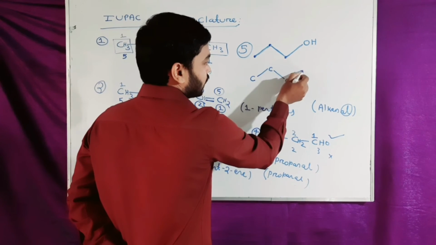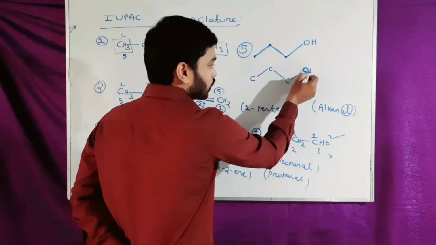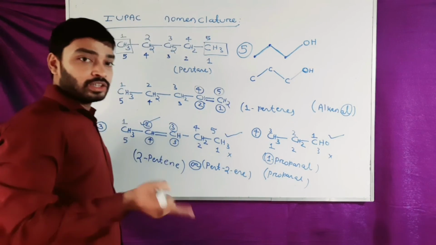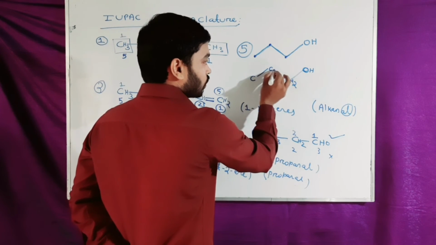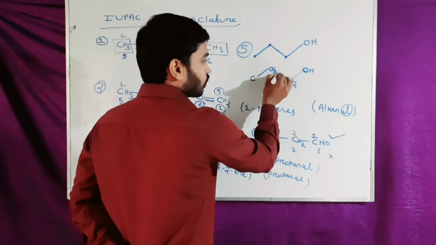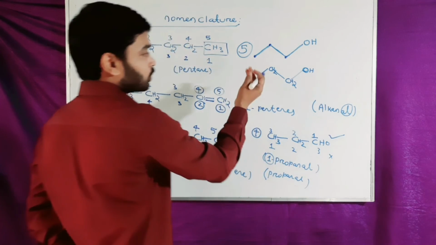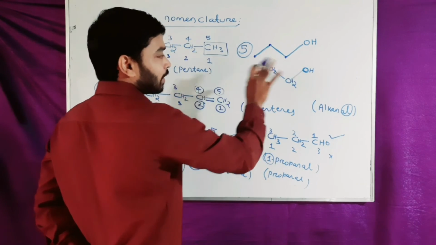This end does not carry carbon because it contains the oxygen with H. After that, we satisfy the valency of the carbon by placing hydrogen. It will be CH2, CH2, CH3. In this way, we have converted the line structure into a condensed structure.